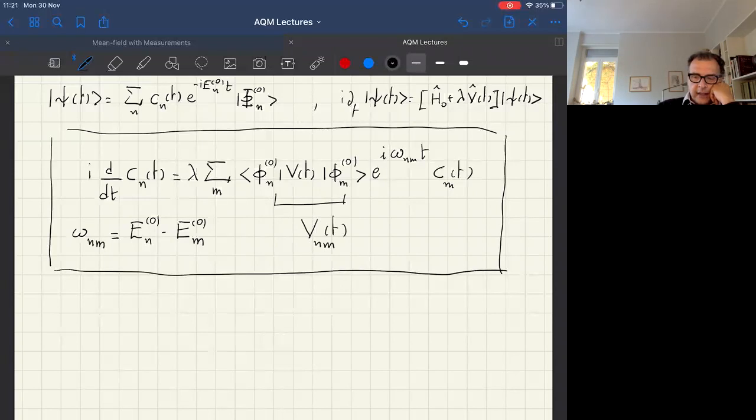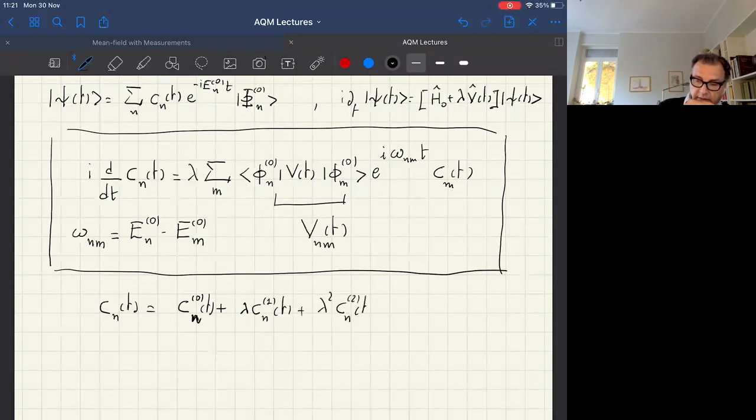Okay, now perturbation theory will be used by saying, look, I just seek a solution for Cn of t as C0n of t plus lambda C1n of t plus lambda squared C2n of t plus and so on.